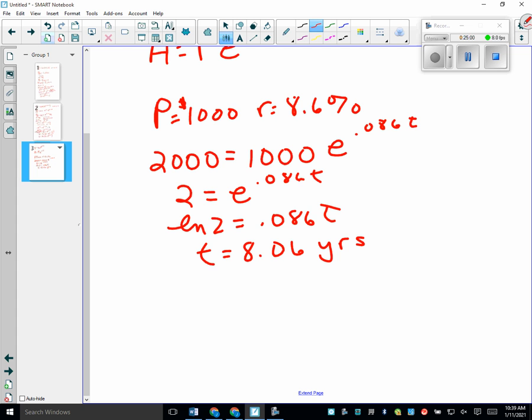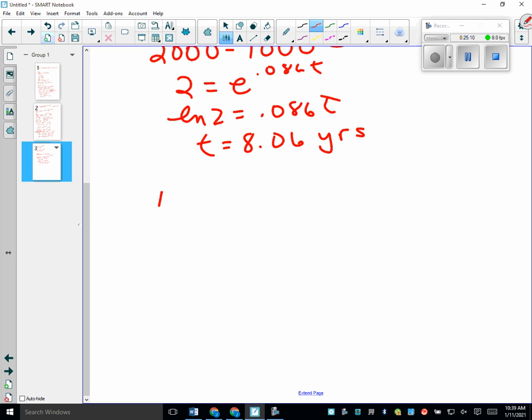How much money would I have if I did this for 30 years? What do I change now? So my final amount is equal to 1,000 e to the 0.086 times 30.